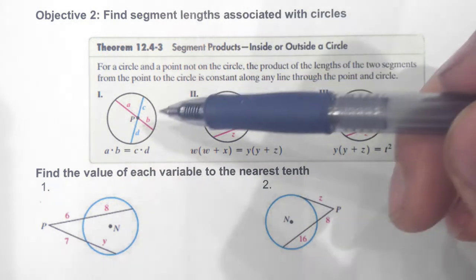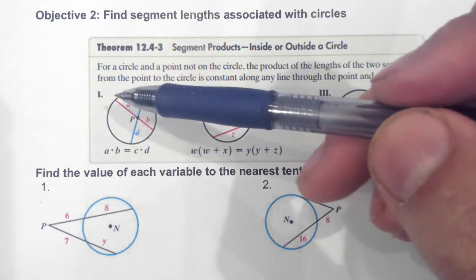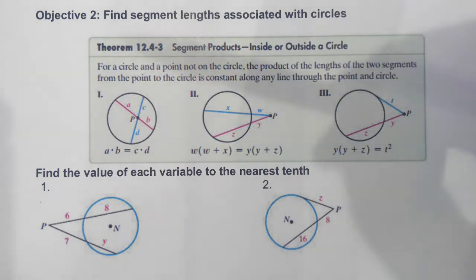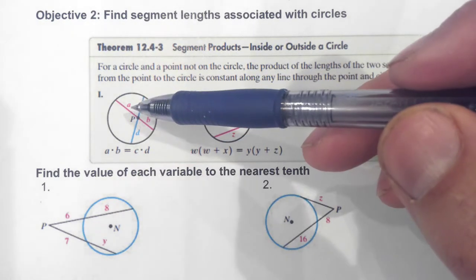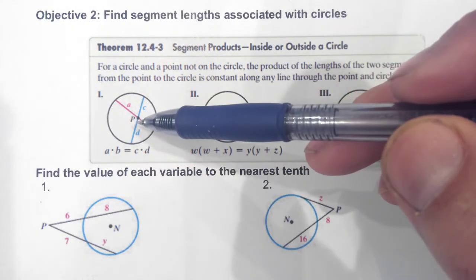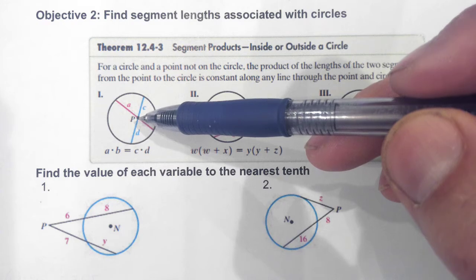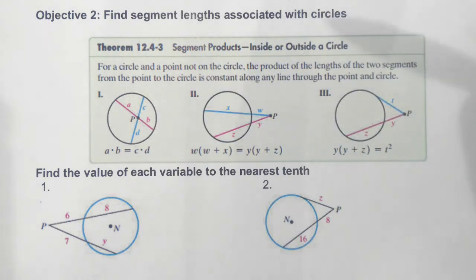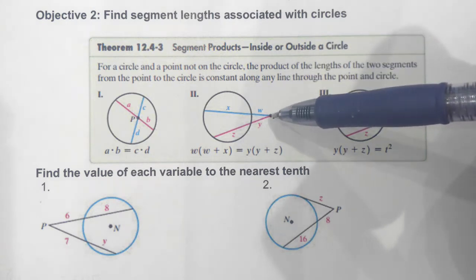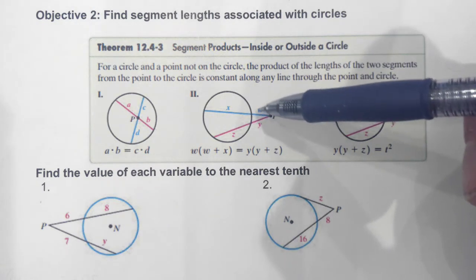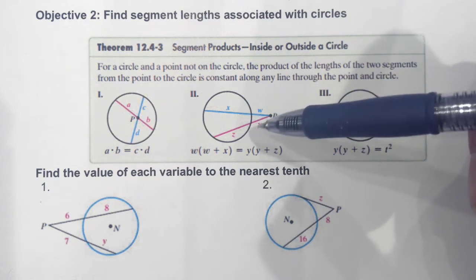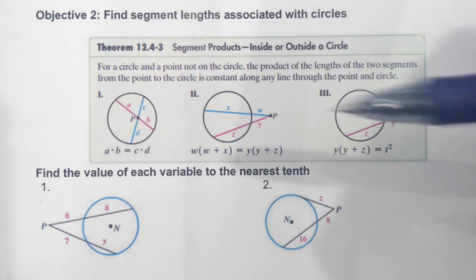That'll make more sense. Okay, so if we have two lines that intersect inside of a circle, this will always be true. From the intersection, piece times piece equals the other two pieces multiplied together. If they intersect outside of the circle, you do the outside piece times the sum of the two pieces is equal to the outside piece times the sum of the two pieces.